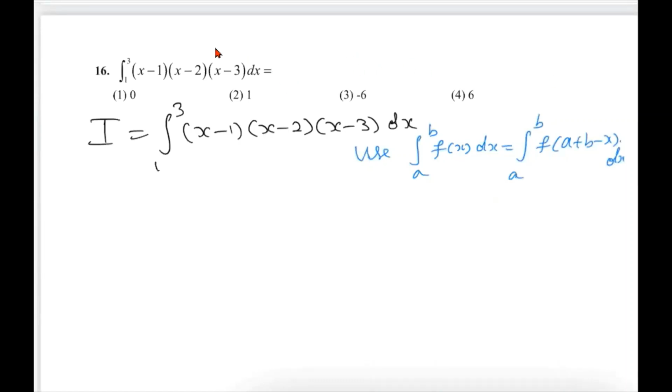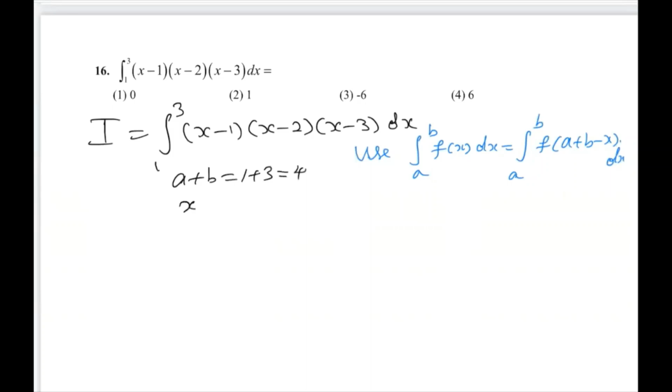16th question. To integrate the integral from 1 to 3 of (x minus 1)(x minus 2)(x minus 3). Here we shall use this identity: the integral from a to b of f of x dx is the integral from a to b of f of (a plus b minus x). So here a plus b is 1 plus 3, that is 4.